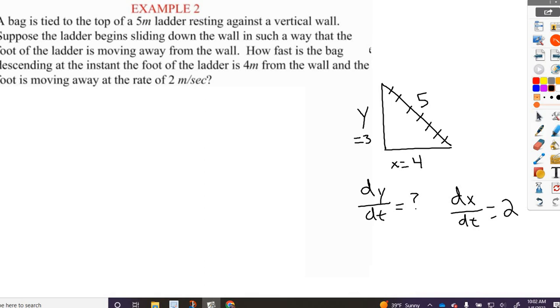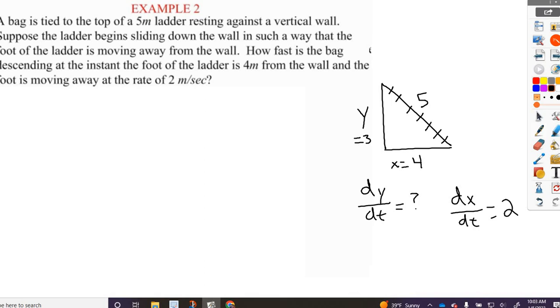So this one they don't give us an equation, but do we have an equation? So we need to create an equation that relates our variables together. So our x, y, and our 5. Yeah.